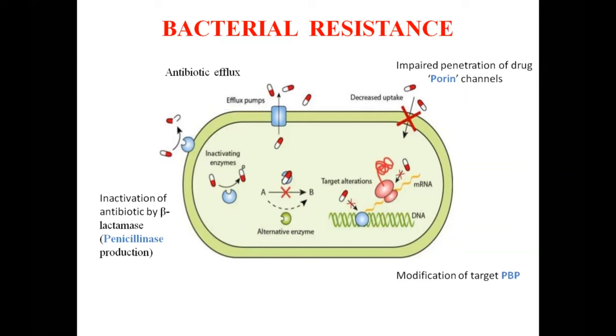The permeability of various beta-lactam antibiotics will depend upon the porin channels, because some beta-lactam antibiotics, like ampicillin and certain others, have better permeability through the porin channels, and they are effective against gram-negative organisms. Also, there are some resistant gram-negative bacteria in which it has been seen that there is loss of porin channels or alteration of the porin channel.